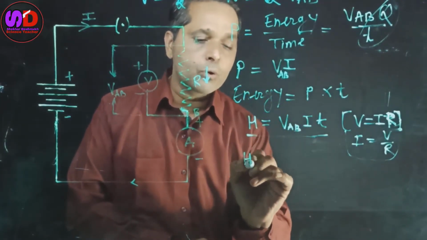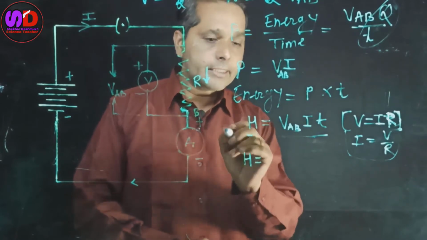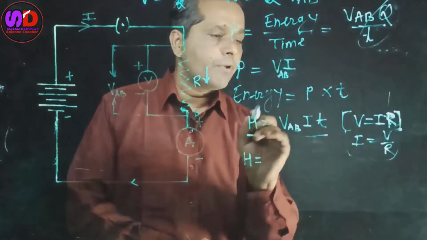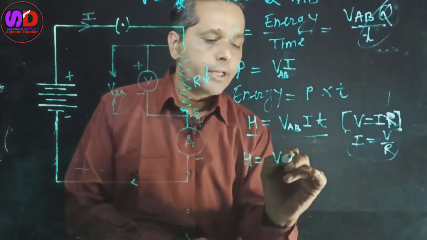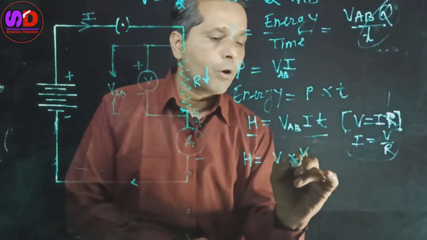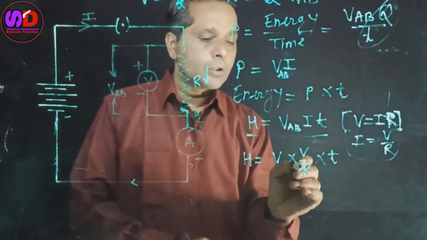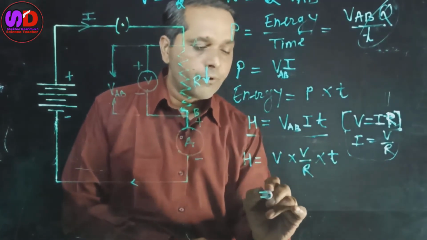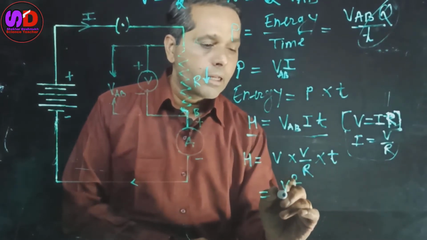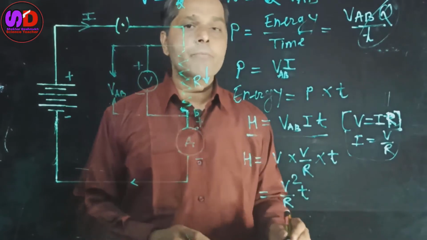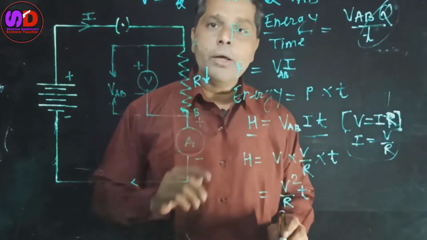The heat generated is equal to, instead of I, we write V upon R. So V into V upon R into T. So we get V square upon R into T, that means V square T upon R.